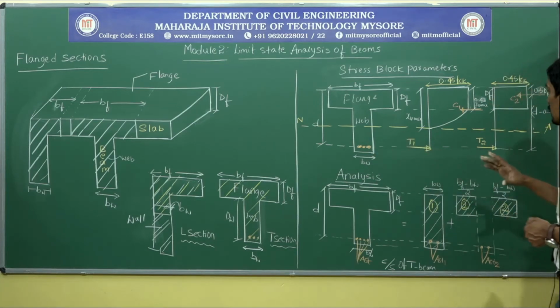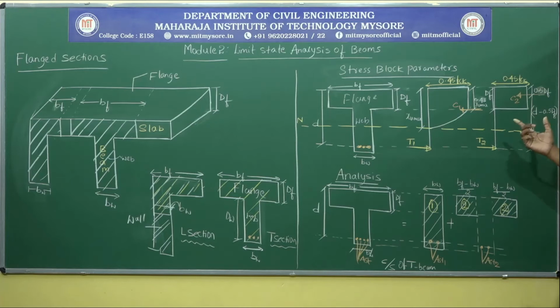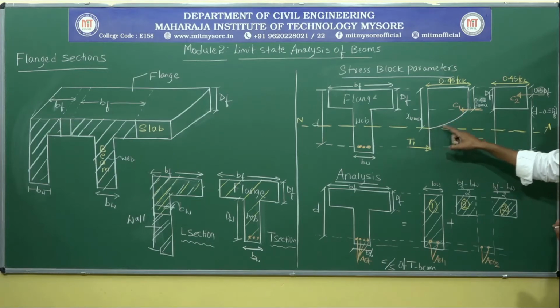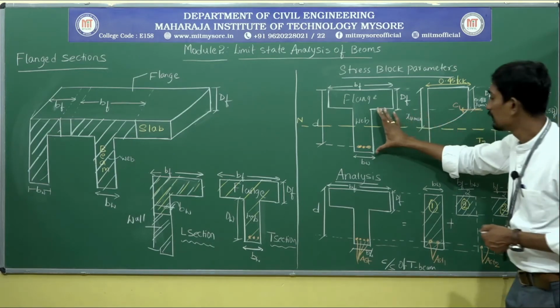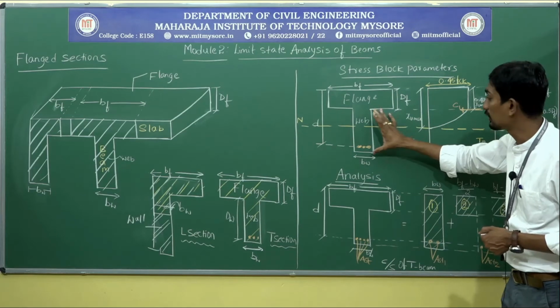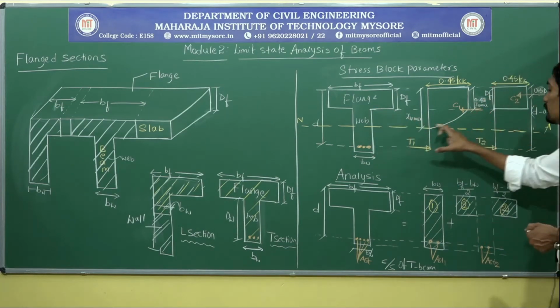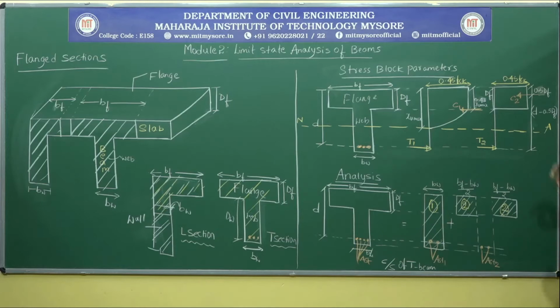Now come to another thing. From C1 to the neutral axis portion, it will be a parabolic variation. That means this portion will be the parabolic variation. And next, you can see the same rectangular portion with DF.